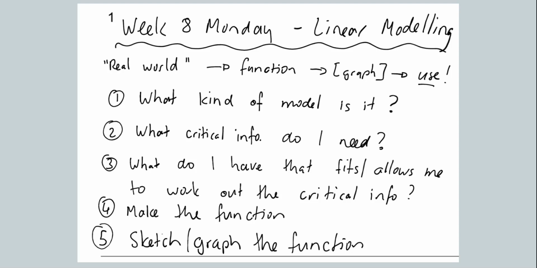What we want to do here is go from a real world scenario. I always put real world in quote marks because in maths it's almost always made up. But the idea that you're taking real world data and doing something to it is absolutely critical.